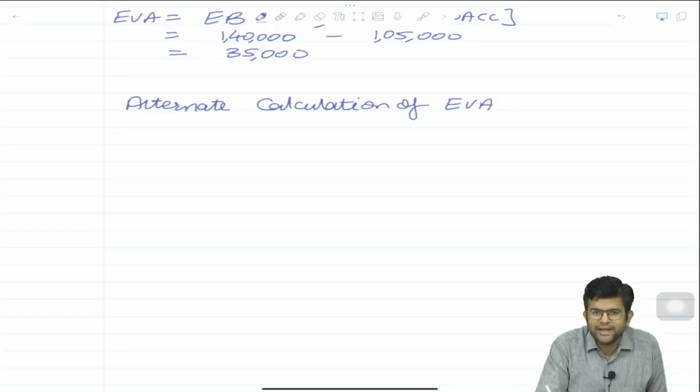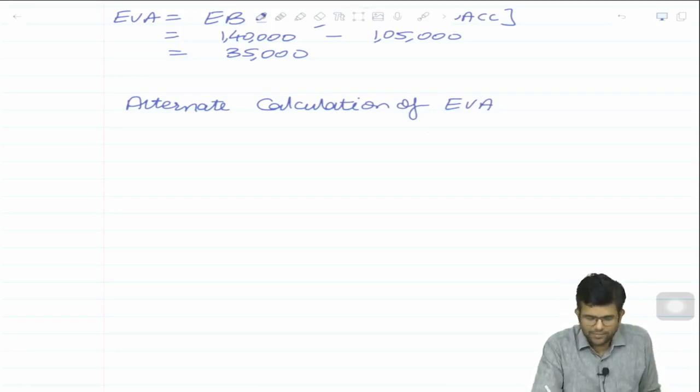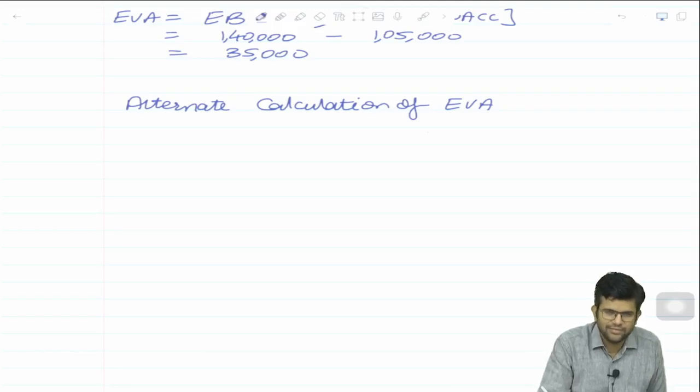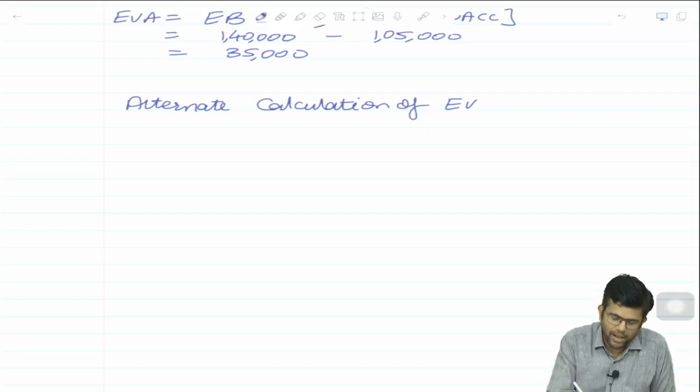But you can't call it EVA now because I am doing something else. If you have to use the words EVA, it has to have that copyrighted formula. Otherwise, they will file a case. So, I will write EV. Understood? Okay, ready? So, alternate calculation. See. Everyone ready?